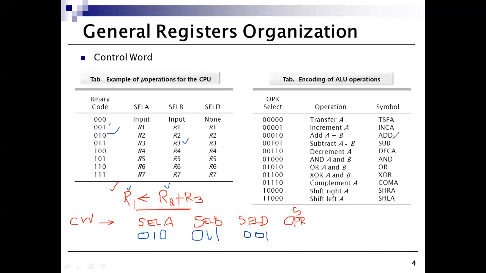So the OPR bits are 00010. Right? So this is the control word for performing addition of R2 and R3 and storing it into R1.